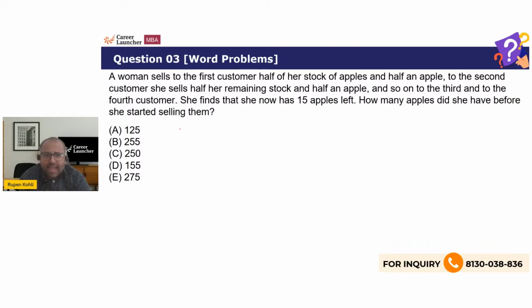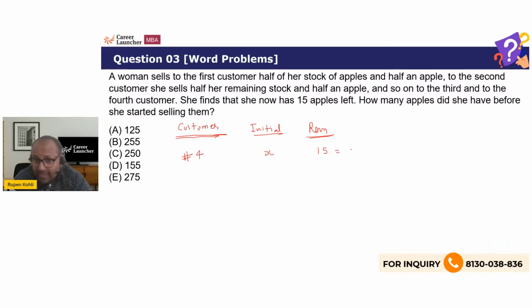So let's say when she approached customer number 4, the initial number of apples before she went to that customer was, let's say, X. So this is the remaining number of apples, which is 15. So this remaining 15 is in terms of what she started with, X.